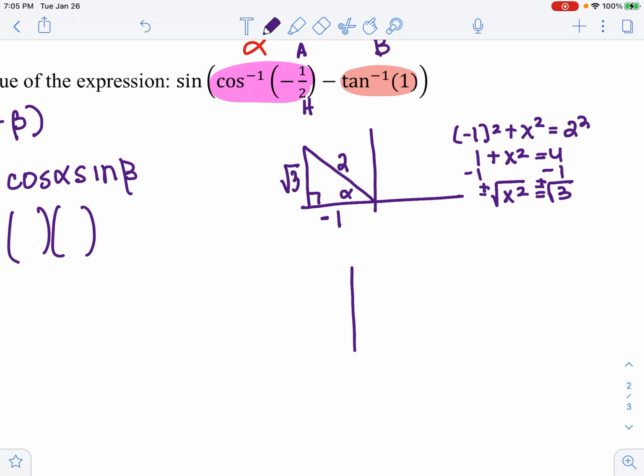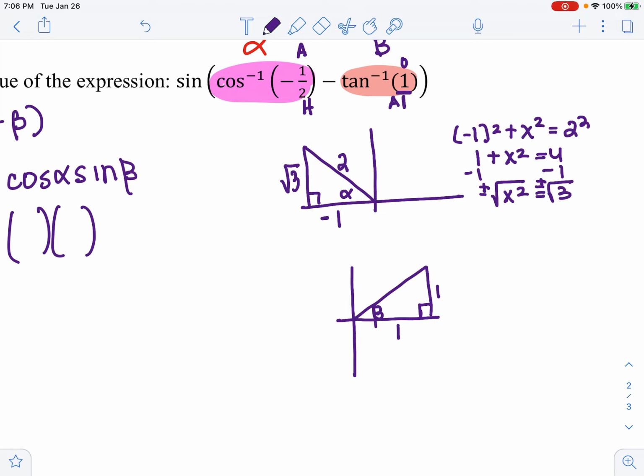Okay, now I need to draw my other angle, beta. Tangent inverse, once again, is defined in quadrants 1 and 4. It is positive in the 1st quadrant. This angle right here, created by the x-axis and the terminal side, is beta. All right, so I have opposite over adjacent. Please realize that this is not written as a fraction, but you can write it as a fraction.